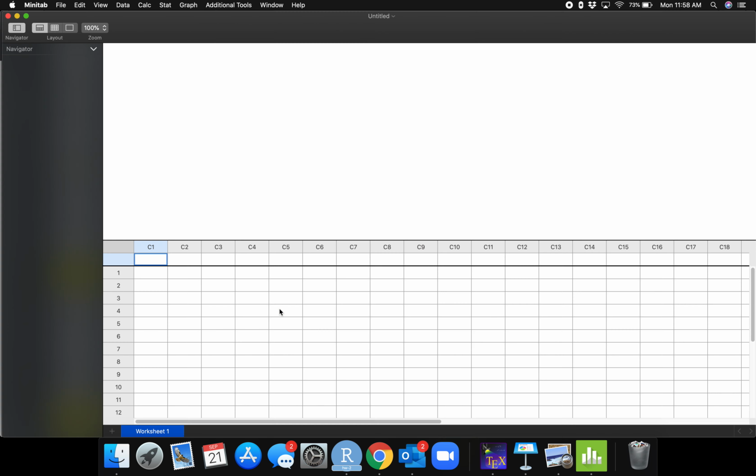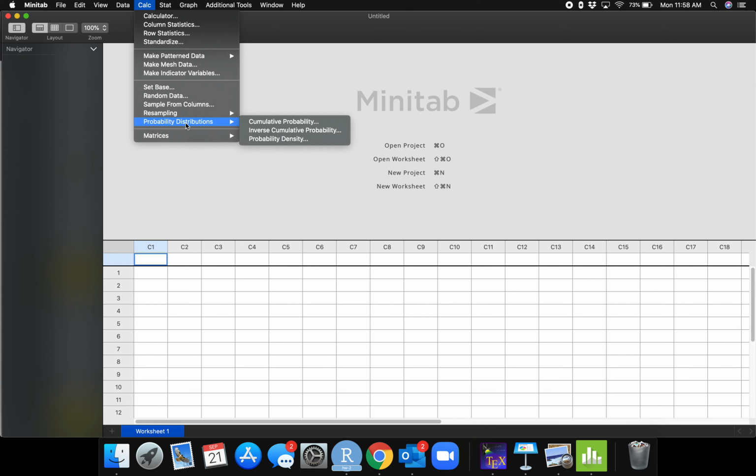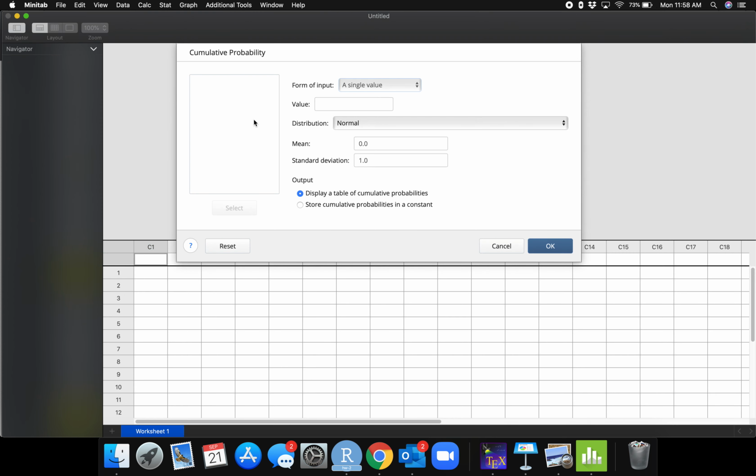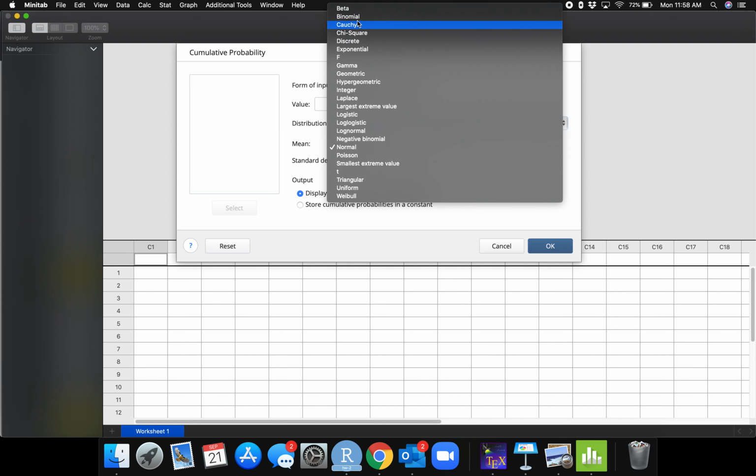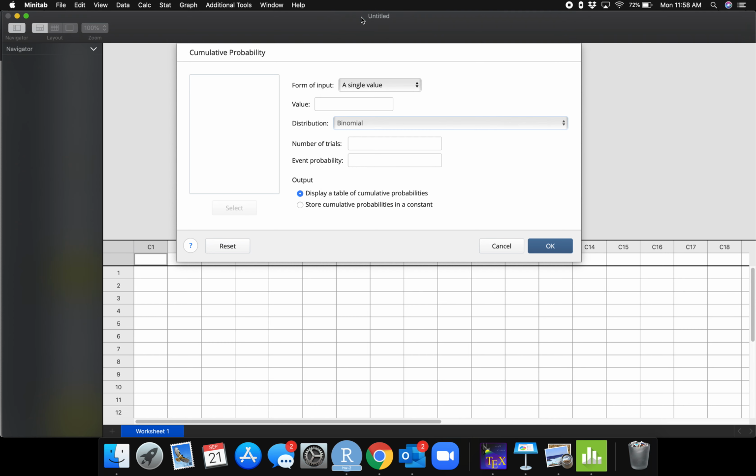Quickly here, I'll open up Minitab, and we'll go to calculate probability distributions, cumulative probability. Then I'm looking for the binomial distribution, which is up here at the top. I'm still looking for a single value here. We have to think about this, but 20 is the number that's put in there.